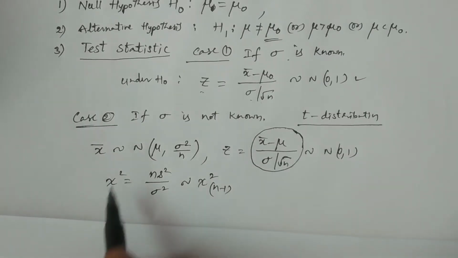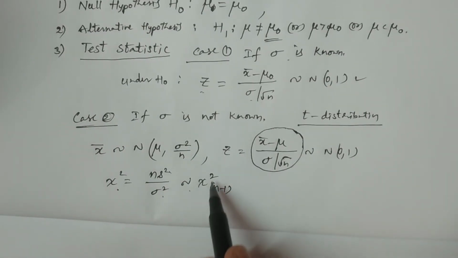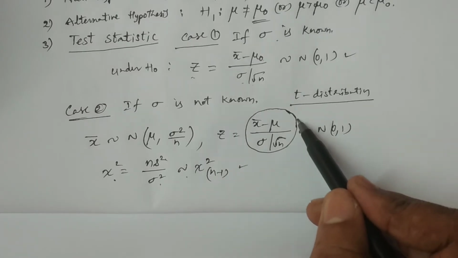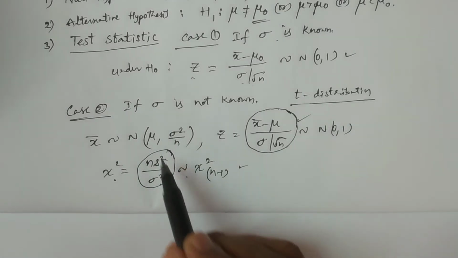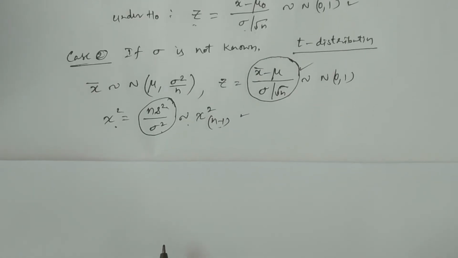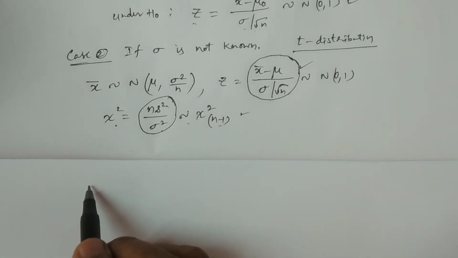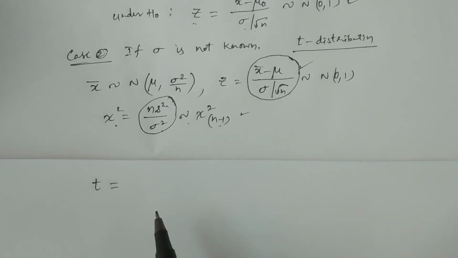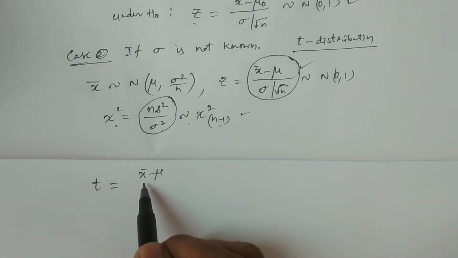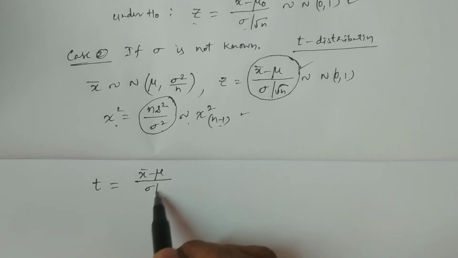Therefore, by the definition of the t statistic, t is equivalent to x bar minus mu, the standard normal variate, divided by sigma by root n.